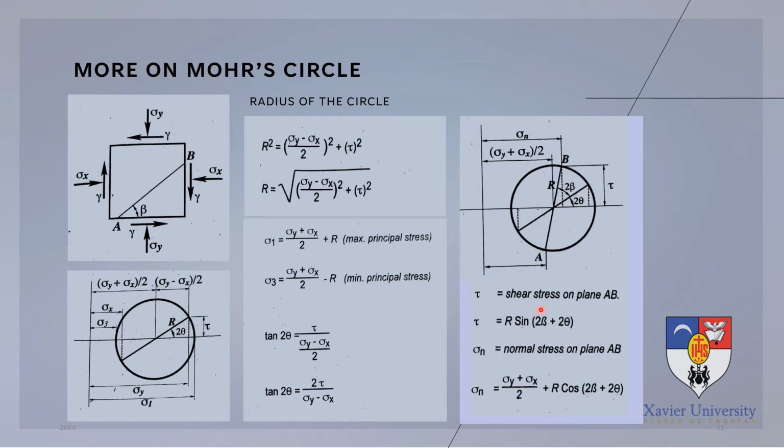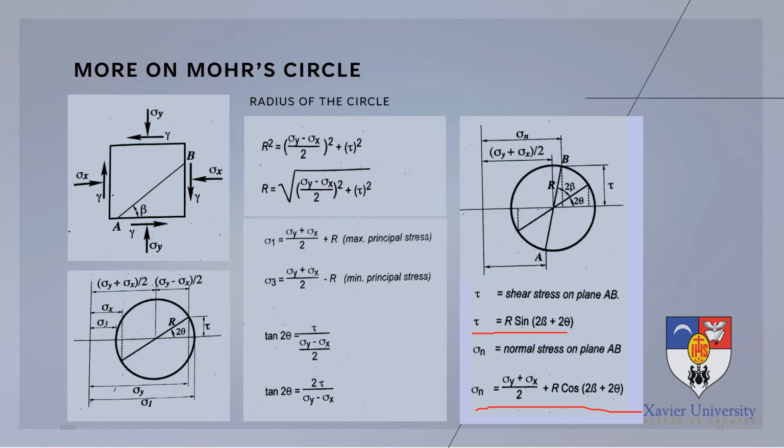So our shear stress on plane AB, which is the plane of failure, can be computed using this equation. And the normal stress on plane AB, using this Mohr circle, can be calculated using this equation.